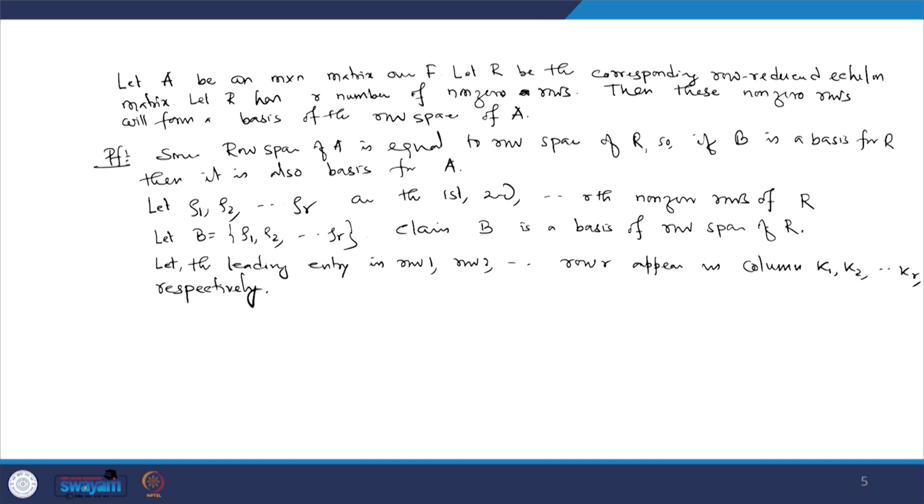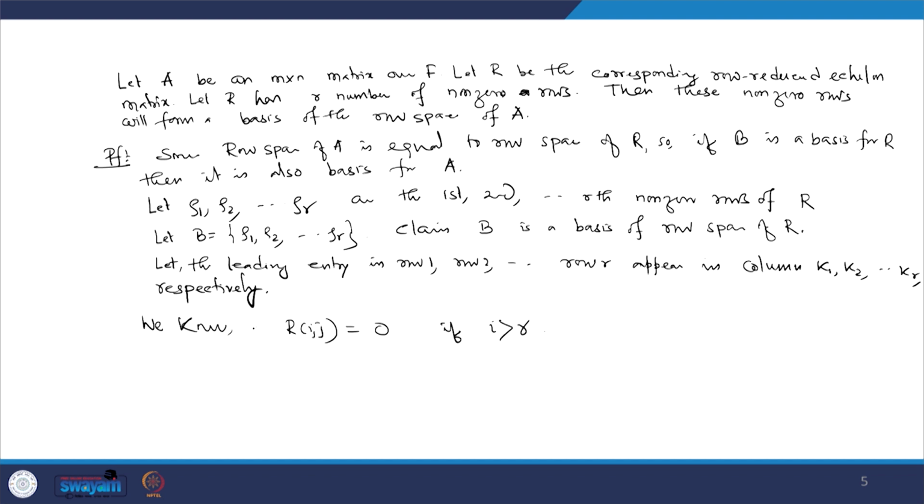Then quickly let us recall the definition of row reduced echelon form. We know R_ij equal to 0 if i is greater than r.